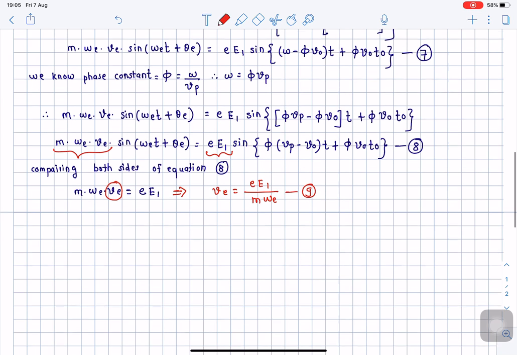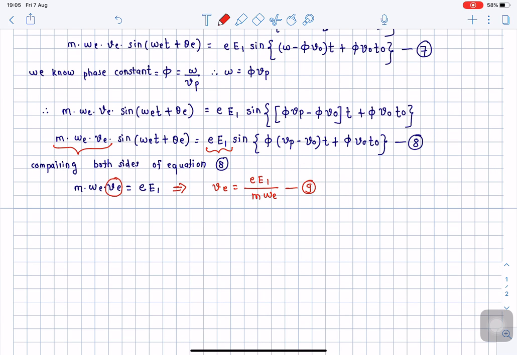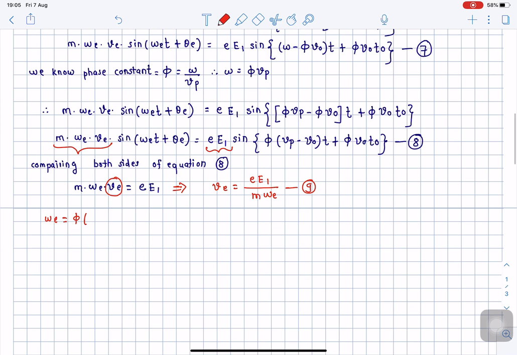Okay, so here what we can write then, omega e can be written as phi times Vp minus V0, right?